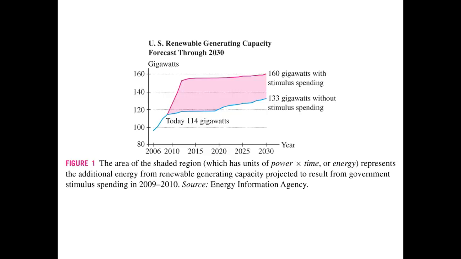The blue curve here was the expected growth from the standard traditional production of energy, and this was the projected growth if they use this stimulus spending to come up with new capacity with green energy, how much more it would be. So you're not interested in how much it would be, but how much it would be increased. That would then be the difference between 2 curves, okay?